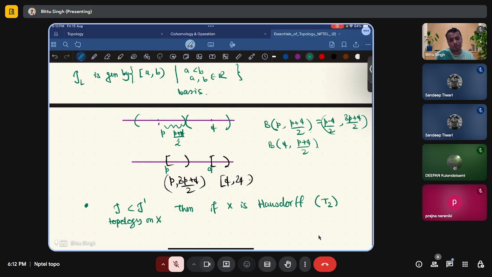Hausdorff property means it is the T2 property. Those are actually separation axioms, and there will be more: T1, T2, T3, T4. They will appear later, but this is our interest. So if (X, tau) is Hausdorff, then (X, tau dash) is also Hausdorff.